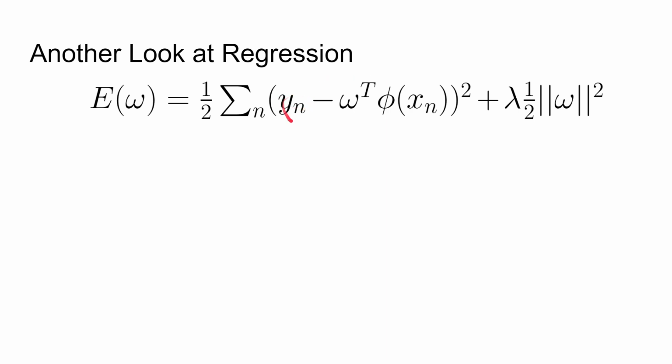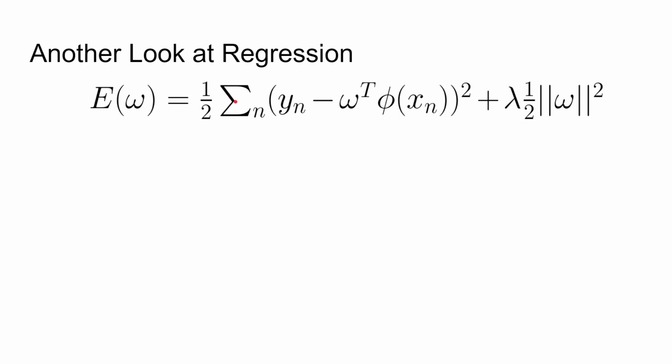Then I can compare that output value to the desired output value. So this term here is our mean squared error. I'm taking my squared error, and well, I guess it's the sum of the squared errors, but whatever. I'm just adding up that error across all of my different training examples.